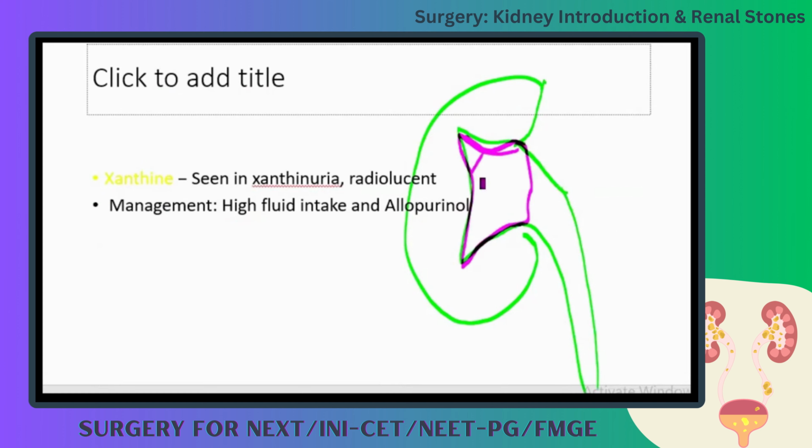Staghorn stone is completely occupying the entire pelvis. If there is some space inside the pelvis, urine will flow through it and the patient will have pain. But in Staghorn, the complete PCS, the pelvicalyceal system, is packed with stone. So there is no chance of the patient complaining of pain. The patient is asymptomatic. That is what I meant by the stone being silent. It is not causing any disturbance to the patient.